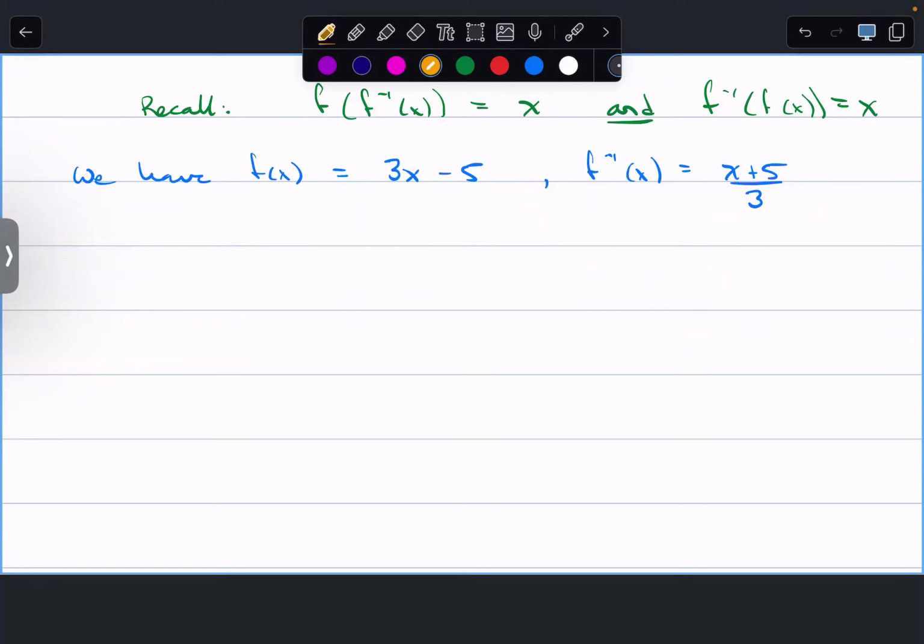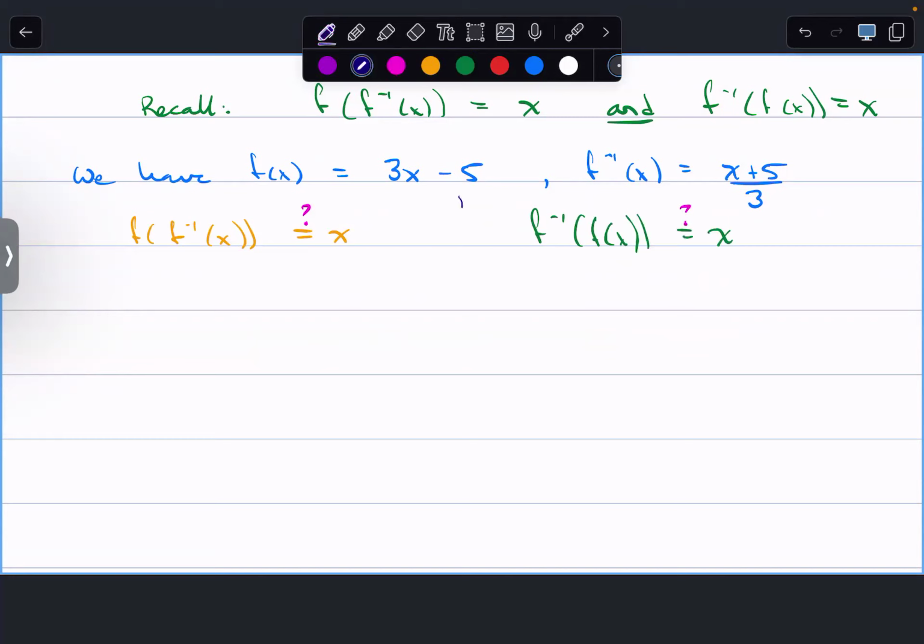So let's do f of f inverse of x. Does it equal x here? And then here, I'll do f inverse of f of x equals x. Does it equal x?